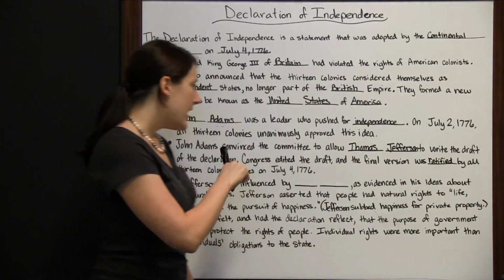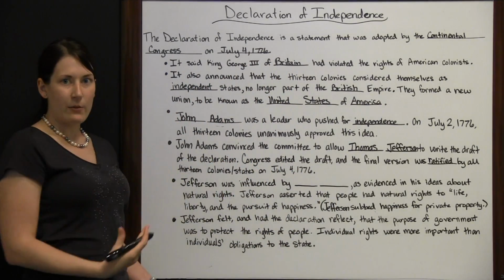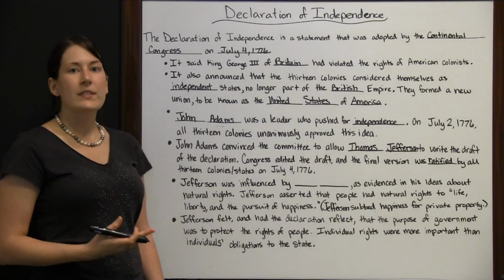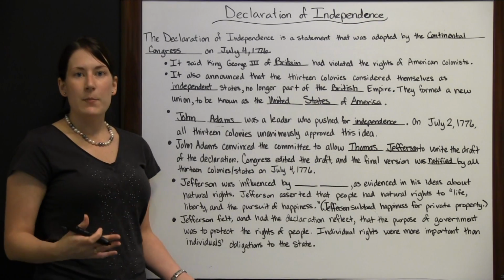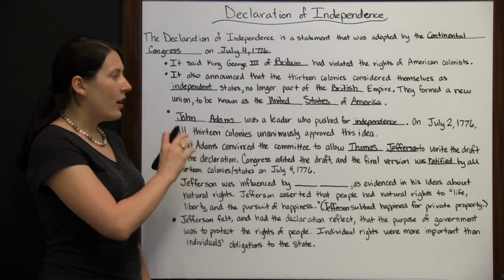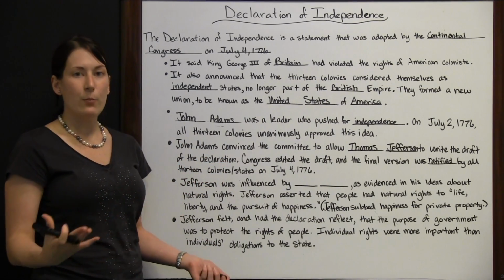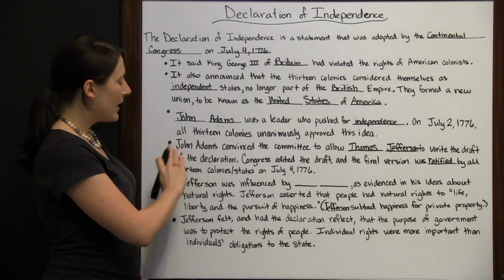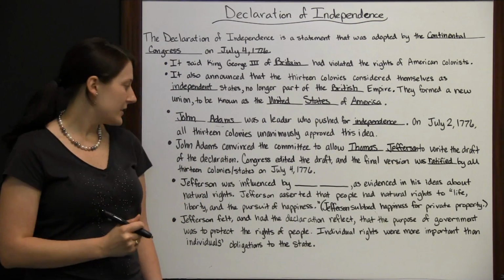Everyone agreed to it, and it was ratified by all 13 colonies, or states as they were to be known, on July 4th, 1776. So this date is our date of independence. The day we celebrate as Independence Day was the day that our Declaration of Independence had been edited, and everyone signed it and approved it. Everyone who was there from the 13 colonies as representatives at this Continental Congress.